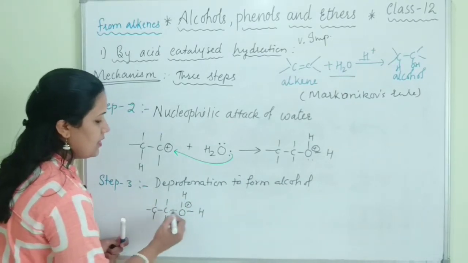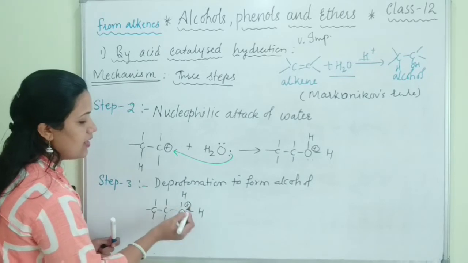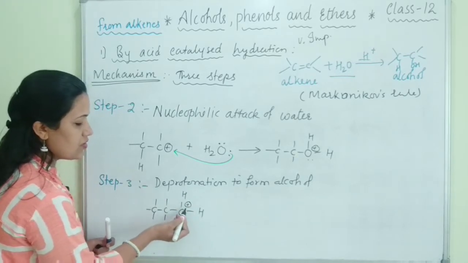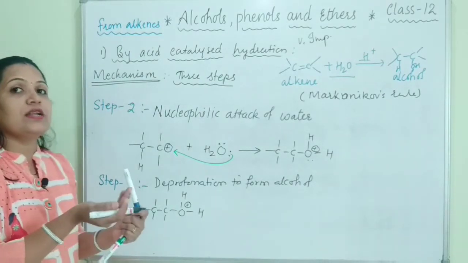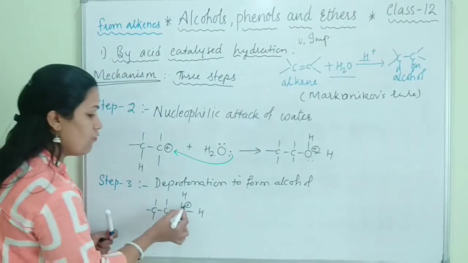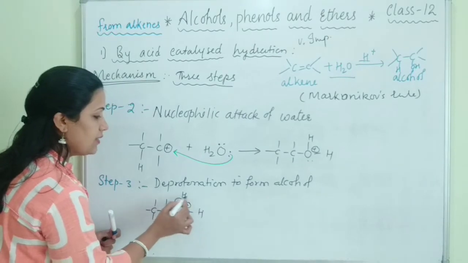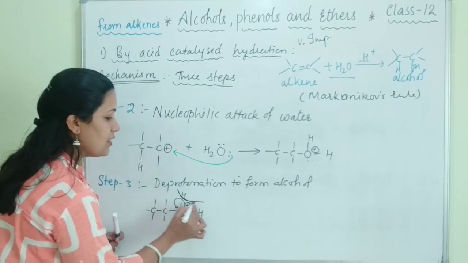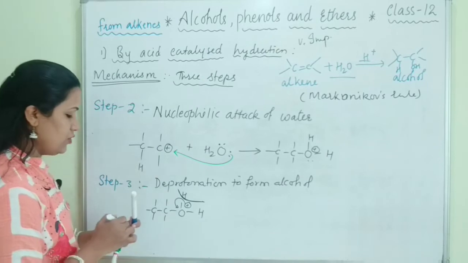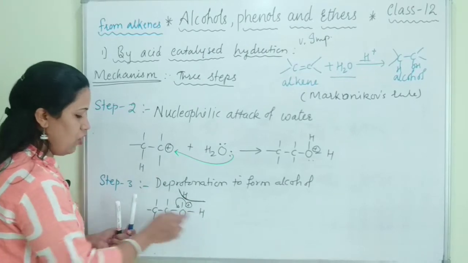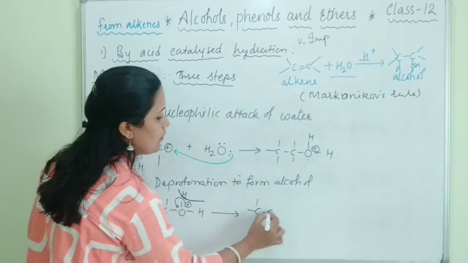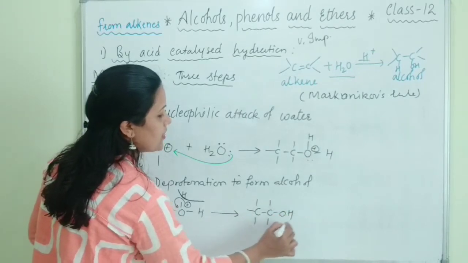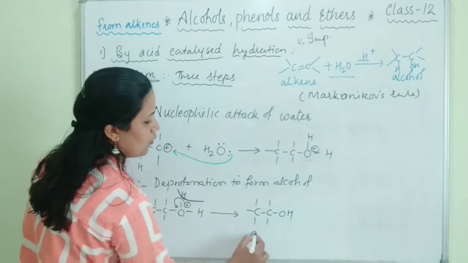What is the tendency of oxygen? Whatever electron pair it has given to someone, it wants that electron pair back, and when it wants that electron pair back, then it has to release a hydrogen. It can release this hydrogen or this one, any one hydrogen it will release and convert into OH, which is an alcohol.